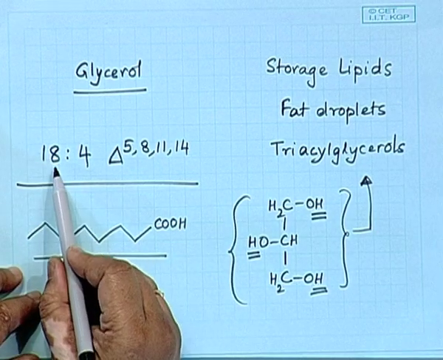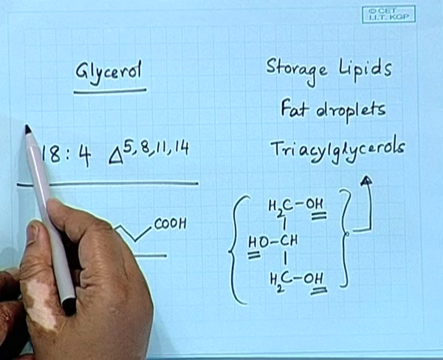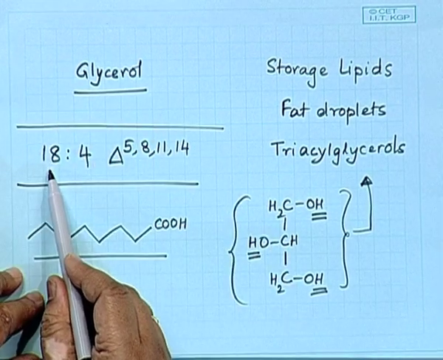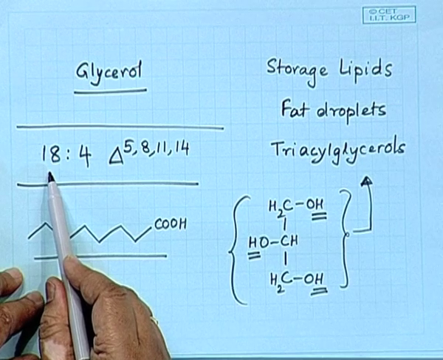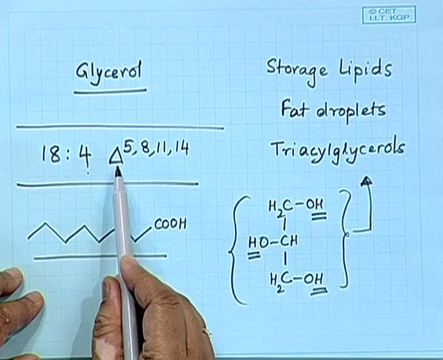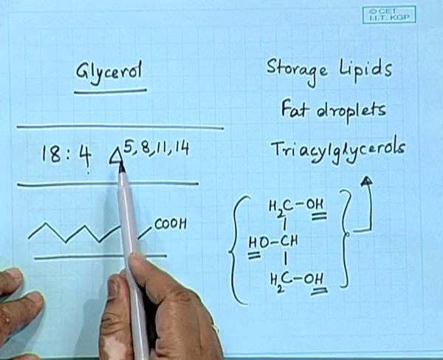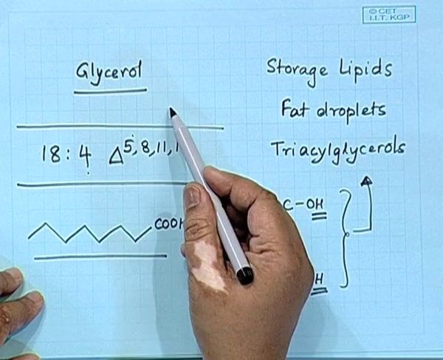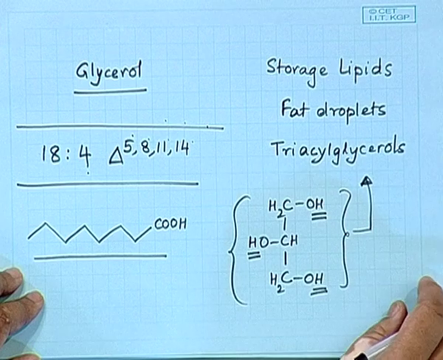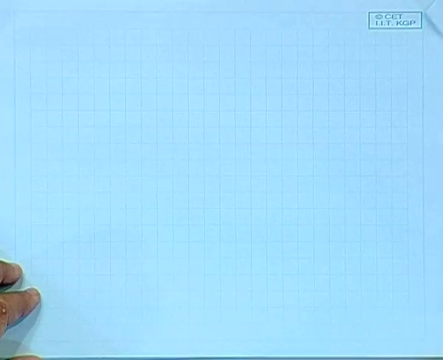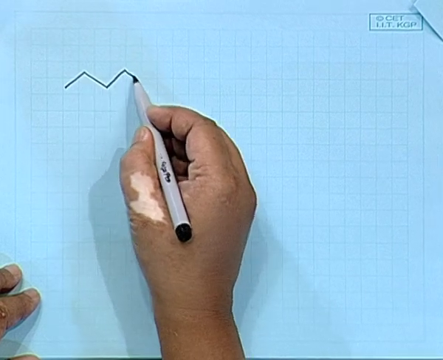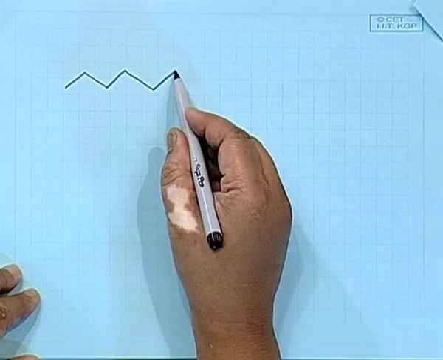When we have a nomenclature in the delta designation, we have 18:4. The 18 stands for the number of carbon atoms, the 4 stands for the number of double bonds, and these are the positions of the double bonds: from 5 to 6, 8 to 9, 11 to 12 and 14 to 15.